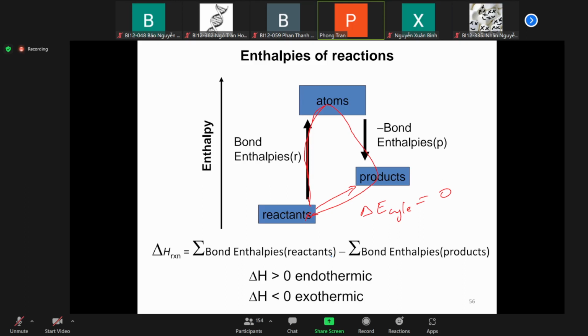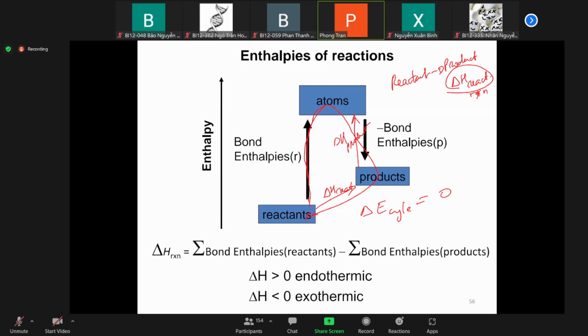So imagine that here from the reactants to the products, you have the enthalpy of reaction. Okay, so how can we calculate the enthalpy of reaction if you know the enthalpy of the reactants and the enthalpy of the products? So here you have the enthalpy of the reactant, and here you have the enthalpy of the product.